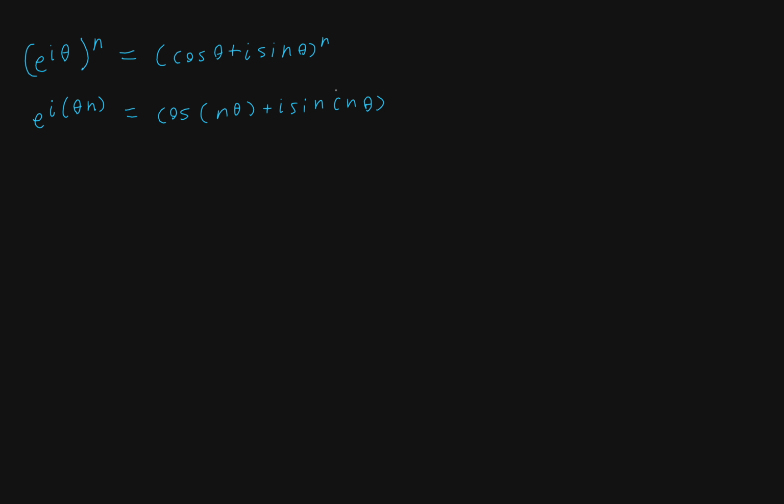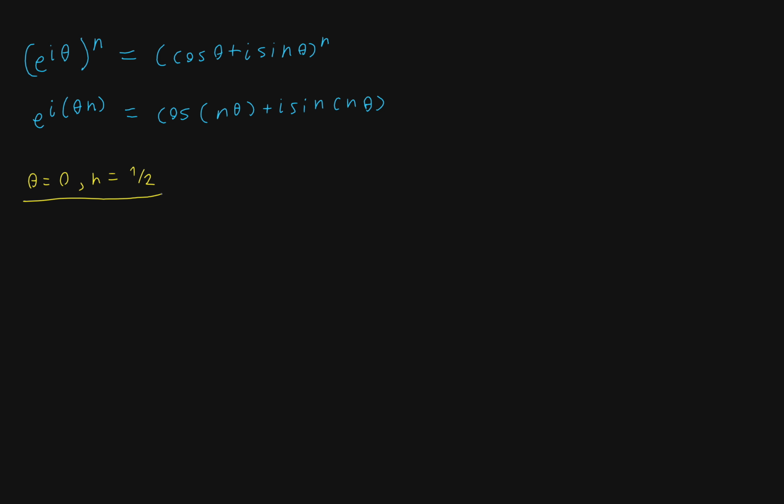You're not going to get an exact definite value, and we're going to see why here. Let's say we have theta equals 0 and n is equal to 1 over 2.